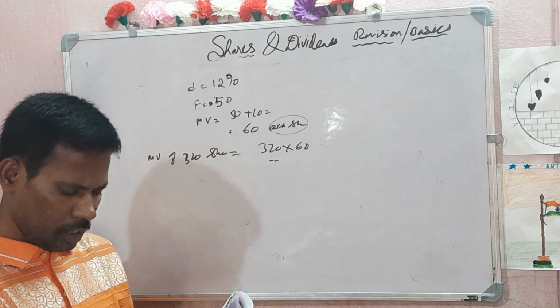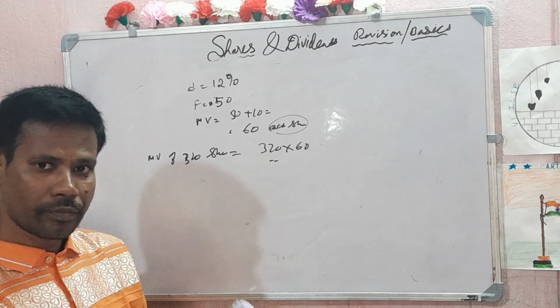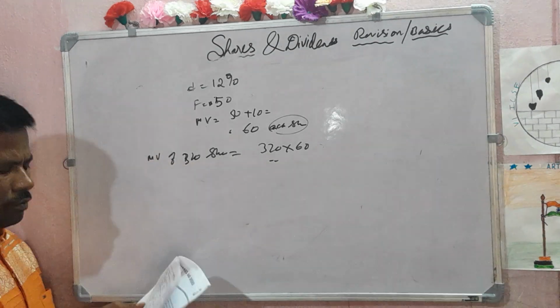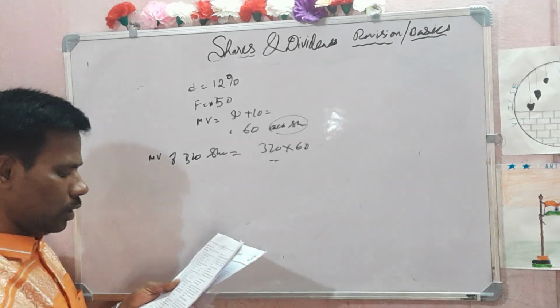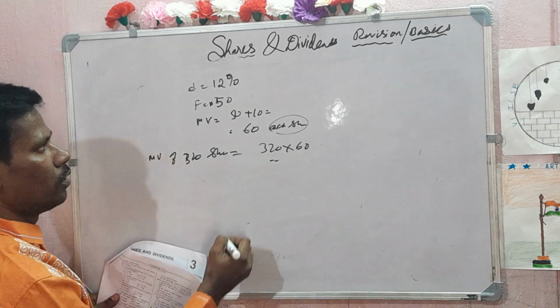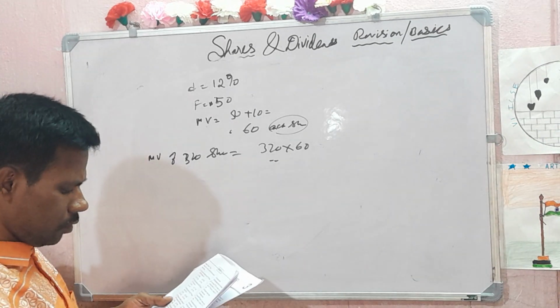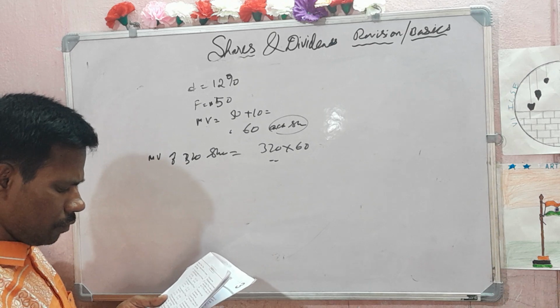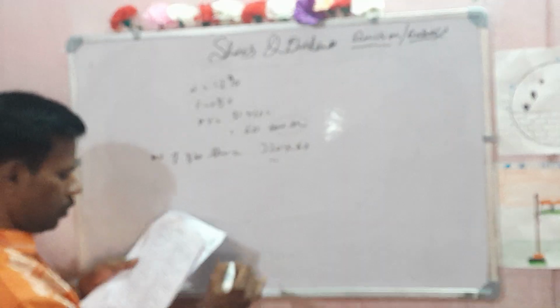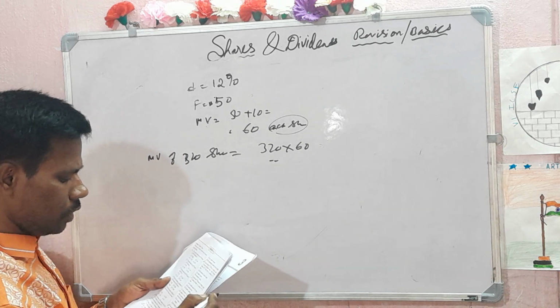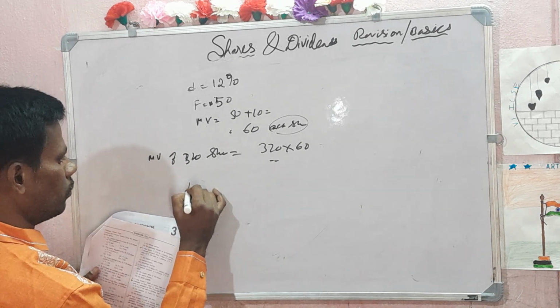Next one: annual income. How will you get annual income? Number of shares into percentage income.